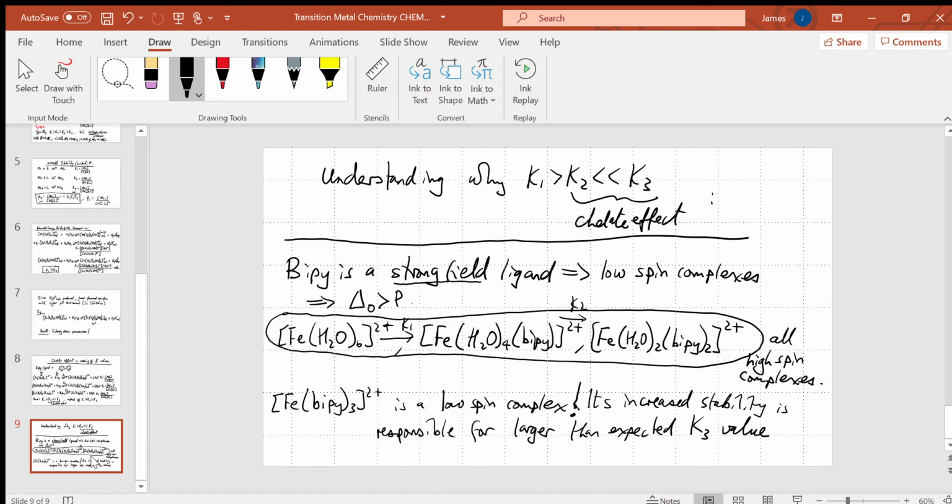So to use the language of equilibrium, it's shifted right much more than expected because the product is thermodynamically more stable. So that would be a feature that I'd want to point out to my class. Okay.